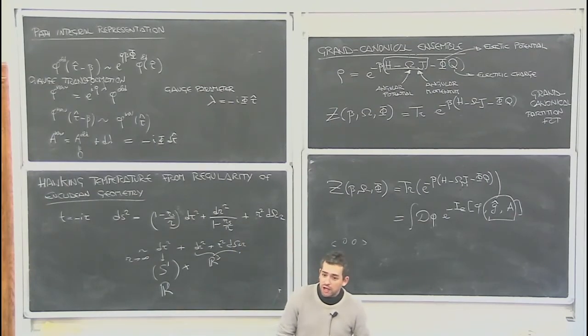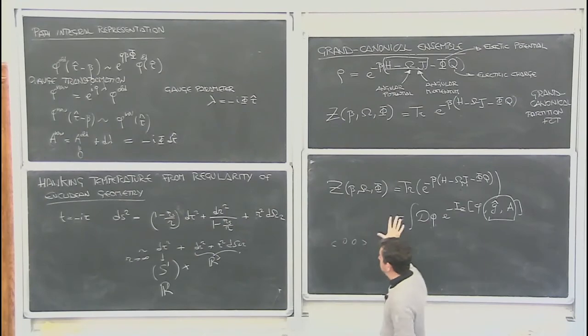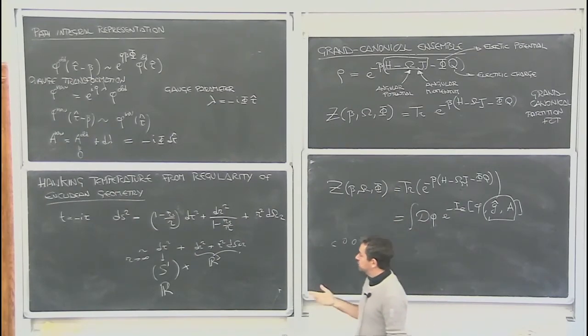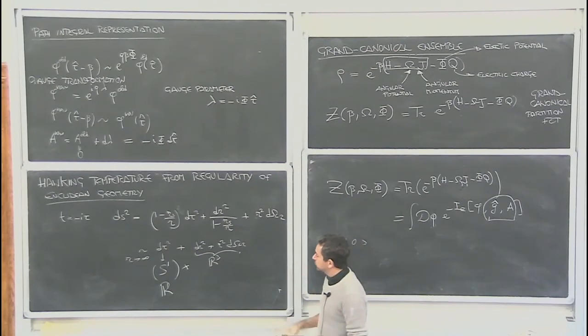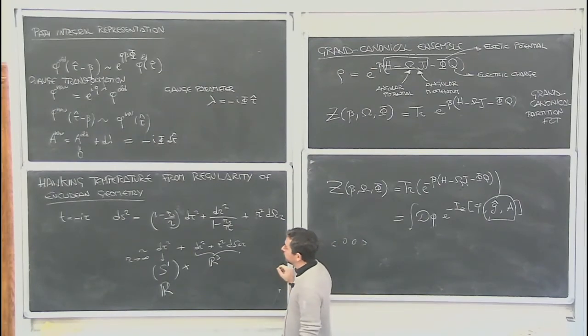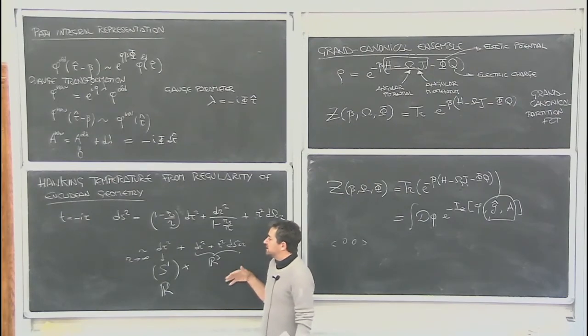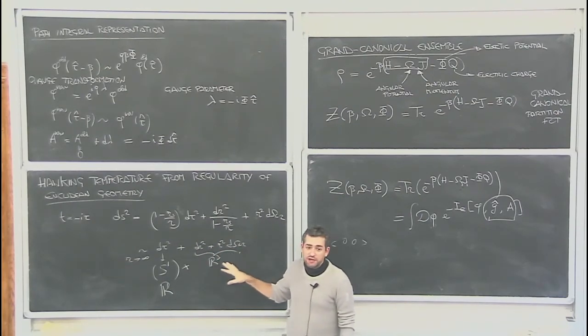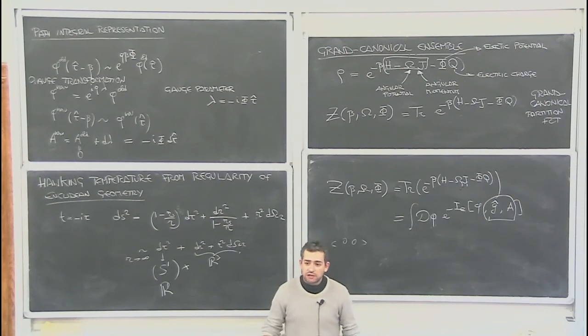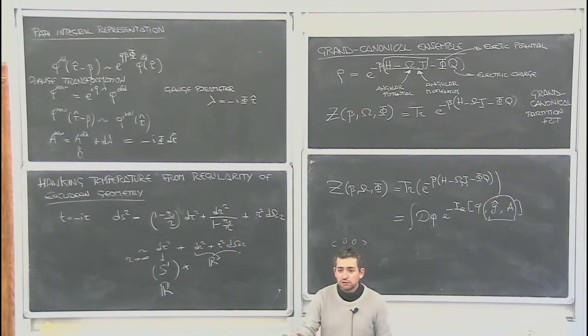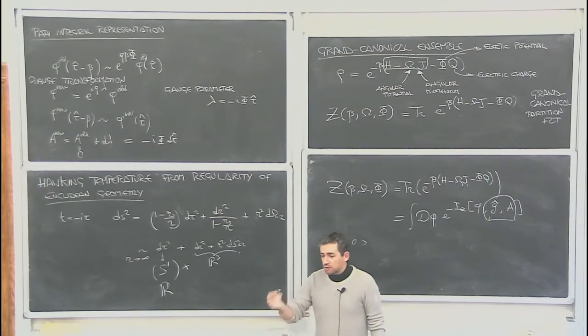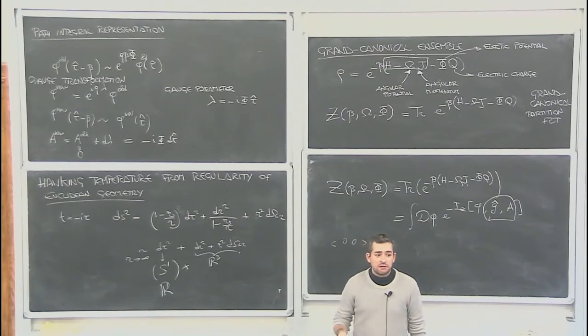Okay, so I'm trying to make the connection with what we have seen so far. We have seen that quantum field theory at finite temperature requires identification of the Euclidean circle. You may say, I already know that I am at finite temperature here because I know there is Hawking radiation, I know the value of the Hawking temperature, so I know what periodicity beta I have to require.